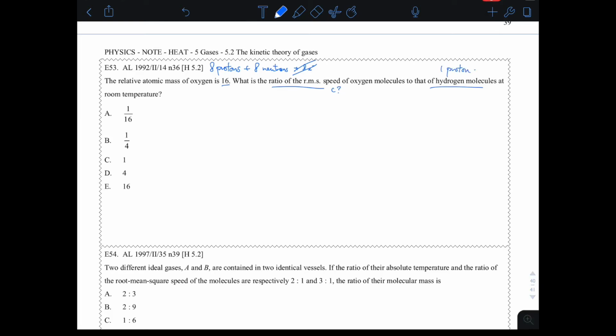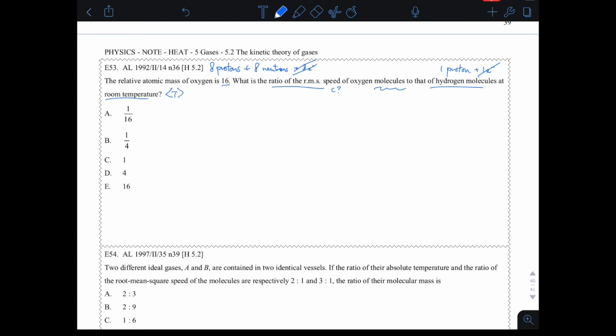Hydrogen is 1 proton plus 1 electron, but we don't care about the electron, so the relative atomic mass of hydrogen is 1, while oxygen is 16. But furthermore, we are talking about oxygen molecules, so oxygen does not appear as an atom but as O2, right? So the molecule has in fact a relative mass of 32, and hydrogen 2, because it is double, okay?